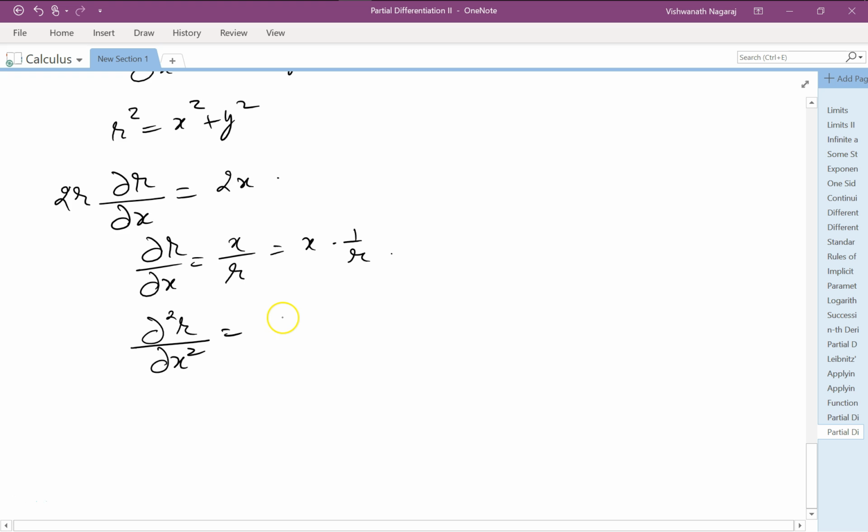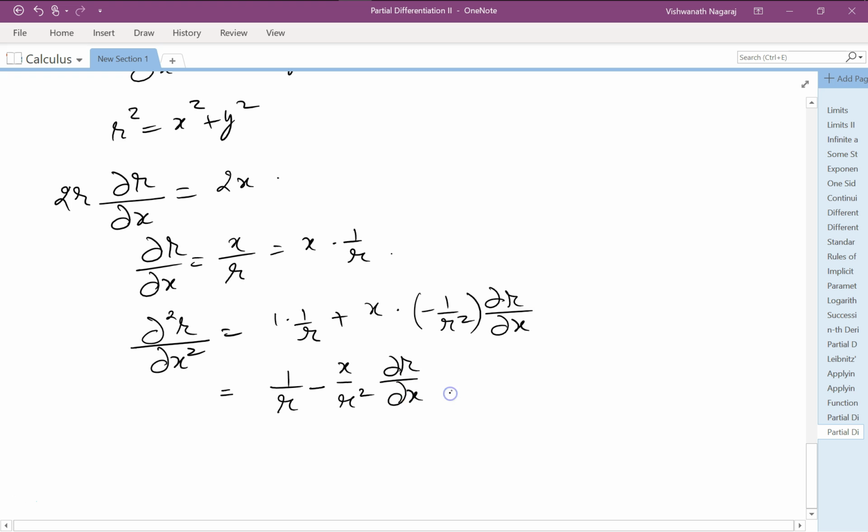We differentiate x, so 1 times 1 by r plus, now x remains as it is, 1 by r becomes minus 1 by r square, and then dou r by dou x. So this becomes 1 by r minus x by r square dou r by dou x.